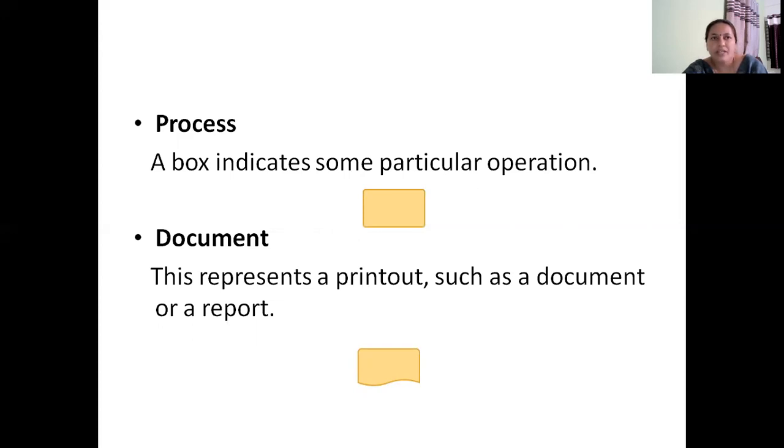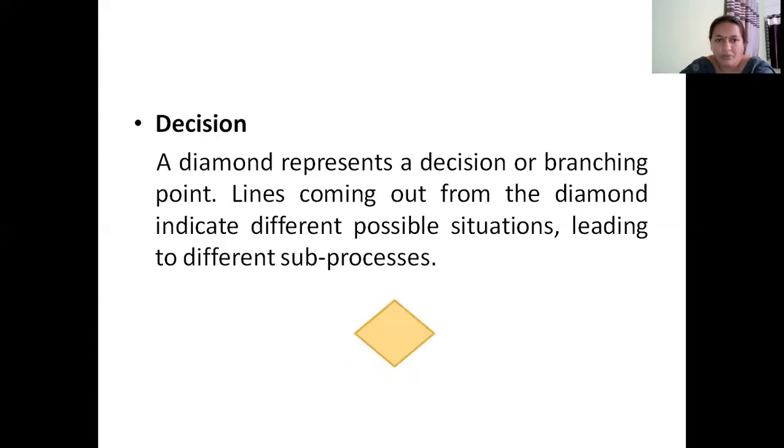Thirdly, we can indicate the document with this special symbol. This indicates a particular document or report or printout to be produced. Next, we have the rhombus or diamond symbol used for decision or branching purposes. We write selection statements using if in the rhombus.